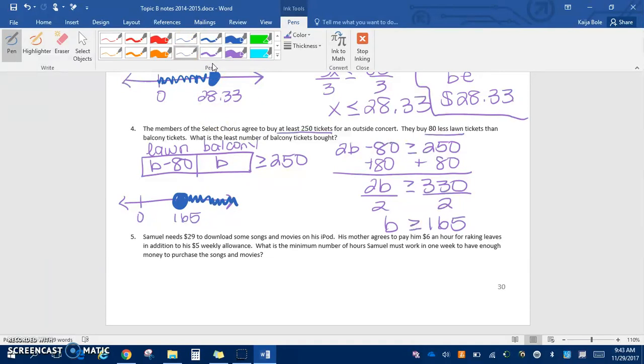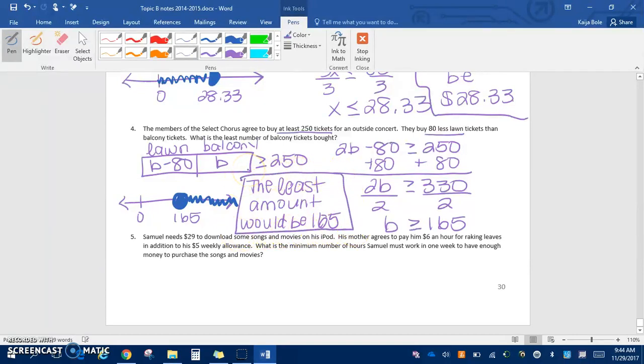Well, the least amount would be 165. All right, we know they bought at least 165 balcony tickets. It could have been more, though.